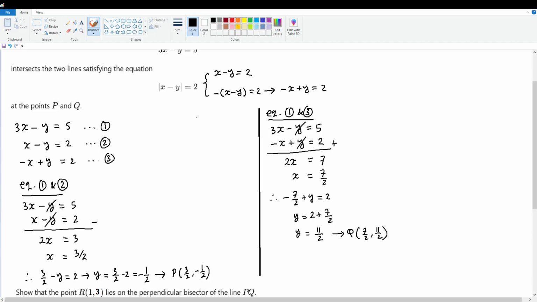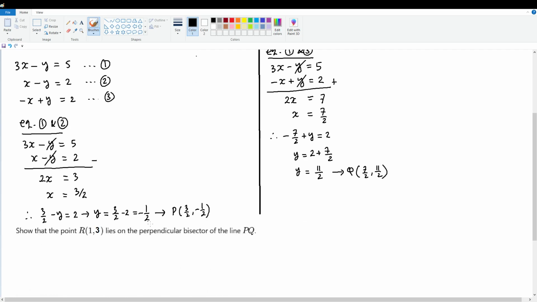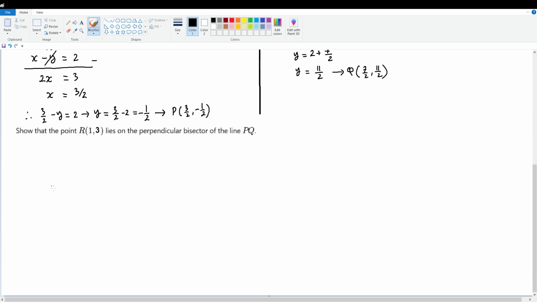So that is our point Q with the coordinates (7/2, 11/2). All right, now let's go to the second question. Here we have to show the point R (1, 3) lies on the perpendicular bisector of the line PQ. To solve this one, you need to know the coordinates of points P and Q. If we connect these dots, we'll have the line segment PQ.